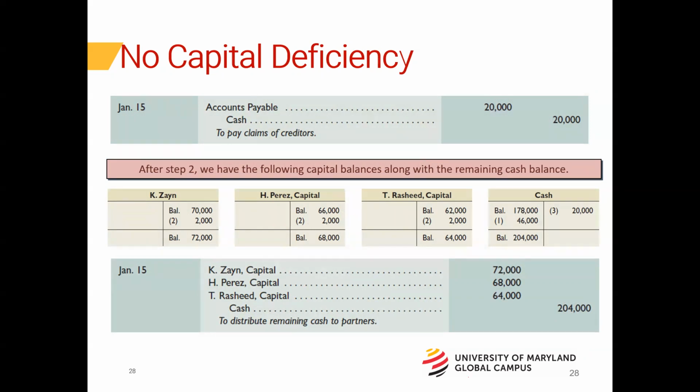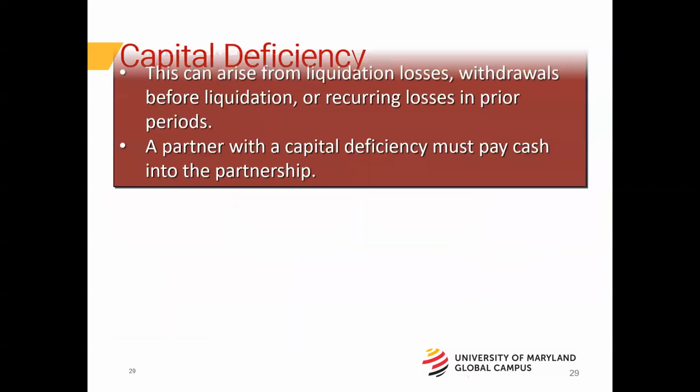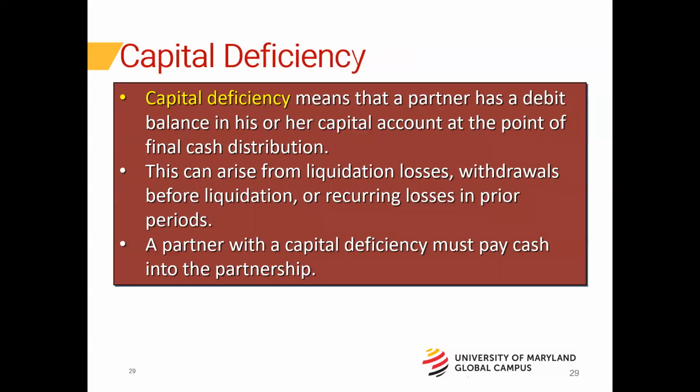Now that the accounts payable is paid off, we have a remaining balance of $204,000. Based off of the $204,000 remaining in cash, we distribute based off of the percentage of ownership. So $72,000 goes to Zane, $68,000 goes to Perez, $64,000 goes to Rashid. And that's how you would dissolve a partnership.